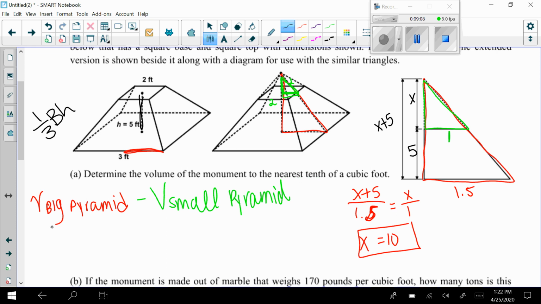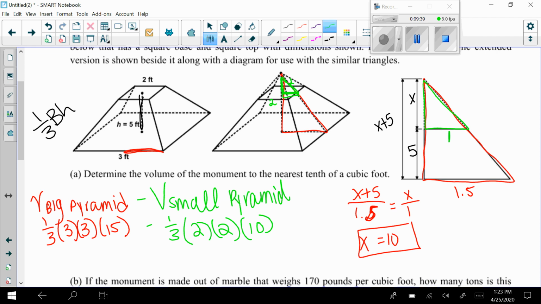For the big one, you're going to have 1/3 times the area of the base, 3 times 3, and then 15 is your height, since x is 10, so that extra piece was 10 and the whole thing is 15. For the small one, the area of the base is 2 times 2, that square, and the height is 10.